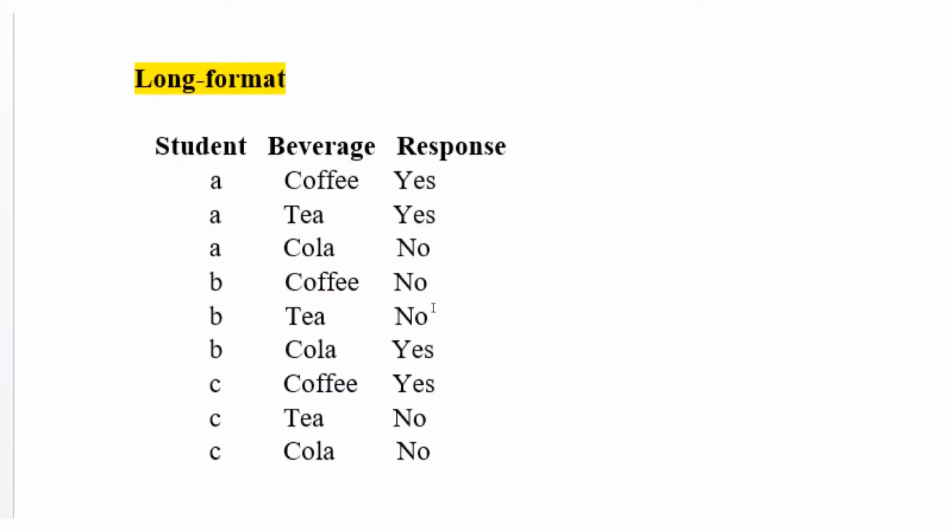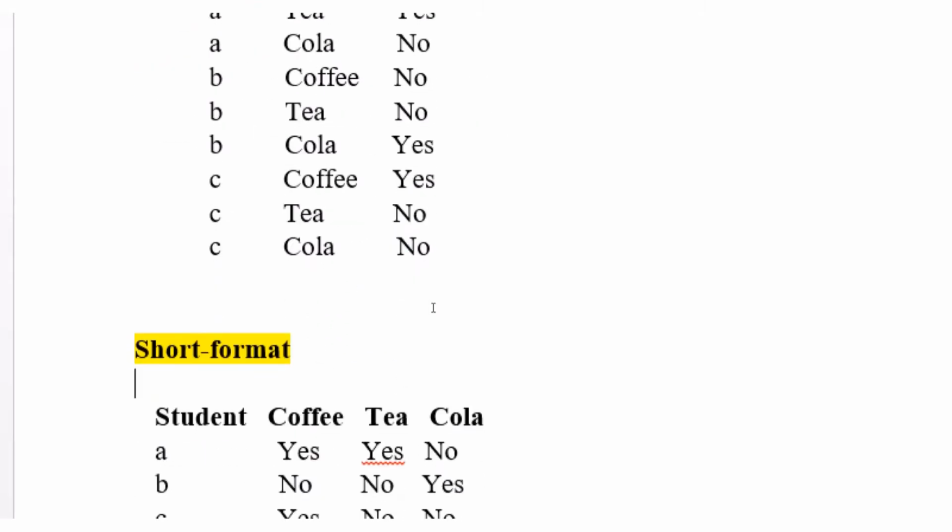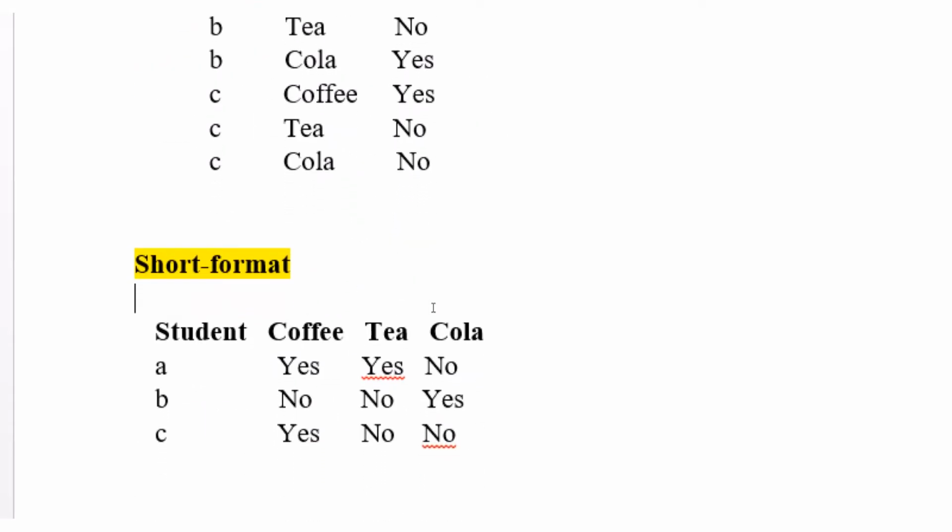For instance, if we are to perform Cochran's Q test, for example, there is a method specific for data presented in long format and another method specific for data presented in large or short format.